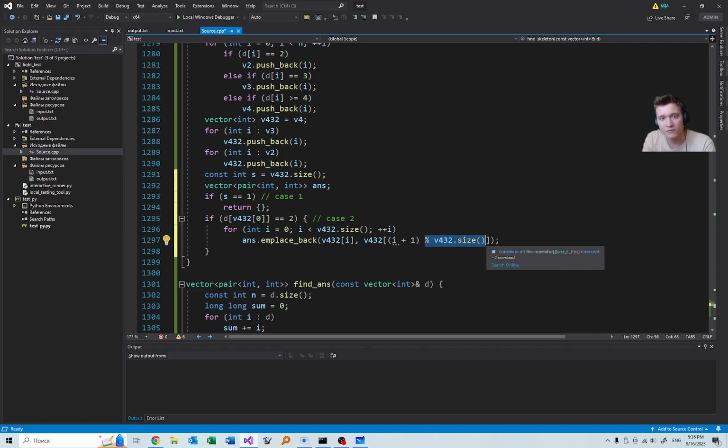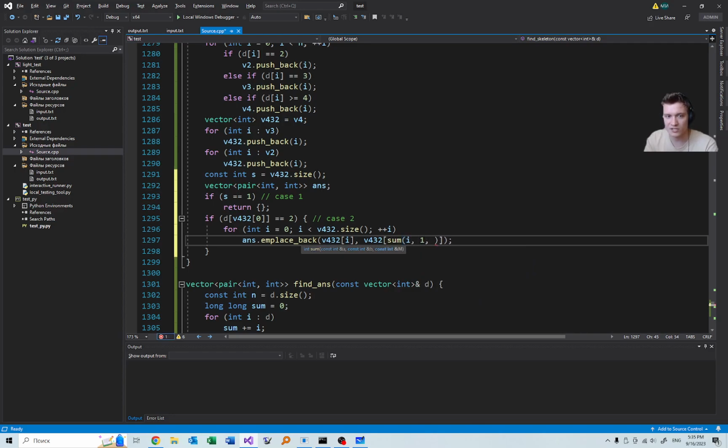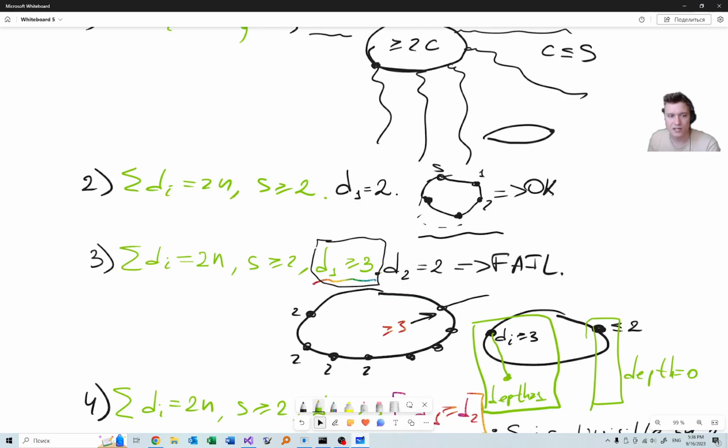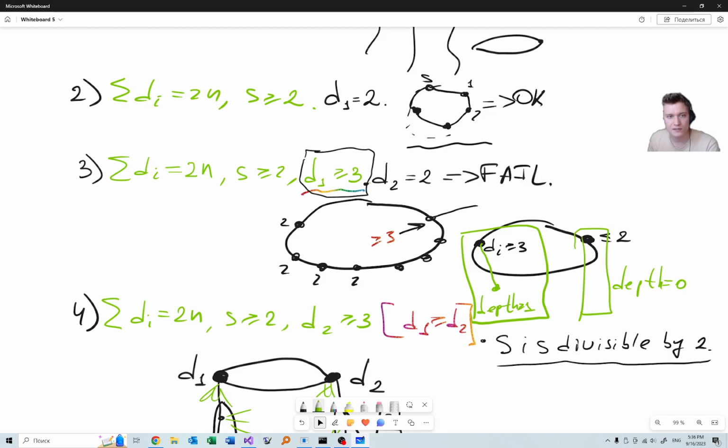It is really slow. You don't need that. In this case, you only need to check if it is greater than n, and in this case, we go back to 0. I have a pre-written function sum, which adds two numbers modulo the modulus. So here I will just say v432.size. I add I and 1, and if it becomes greater than this number, I subtract it. And now I can return the answer. Let's consider cases after that. So the third case, d2 is 2, then it is failure.